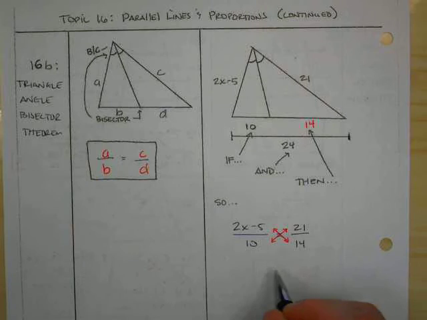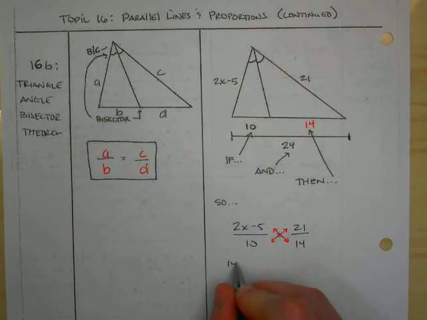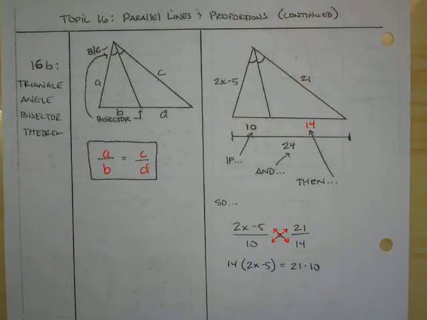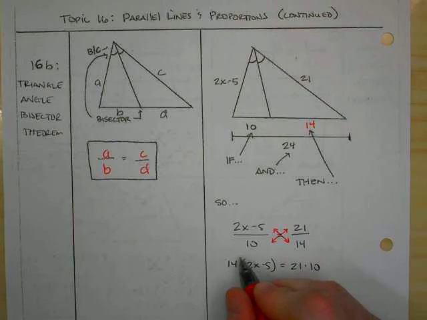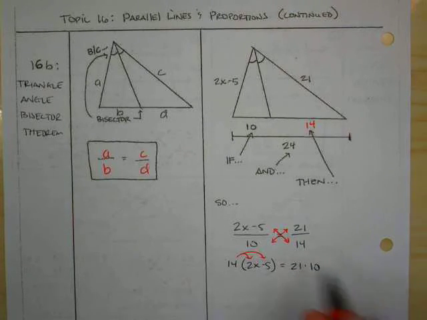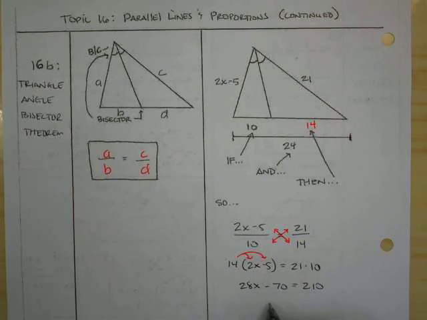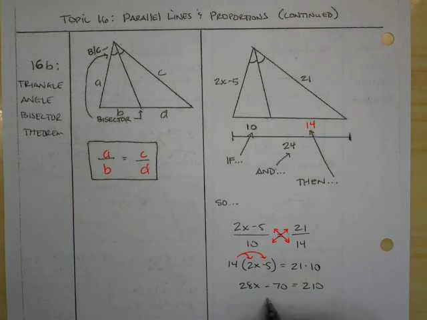And so when I do that, I'm going to have 14 times 2x minus 5 is equal to 21 times 10. And when I distribute on the left and simplify on the right, I get 28x minus 70 equals 210.